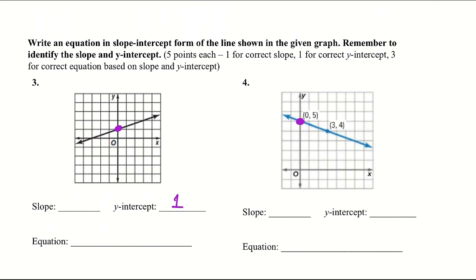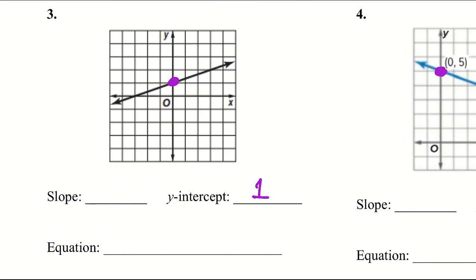Let's just deal with 3 first. We need a rise and a run to our other crosshairs, so make dots on those. I'm going to go up 1, right 3. So my slope, being rise over run, is 1 over 3.